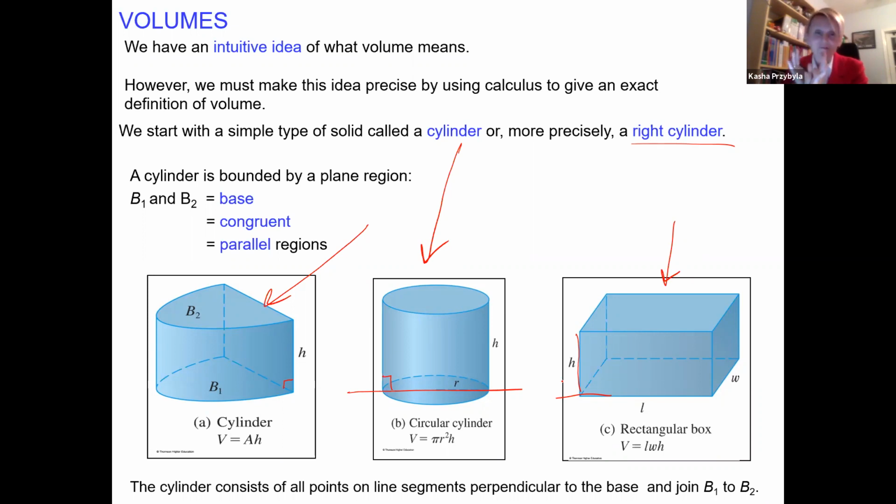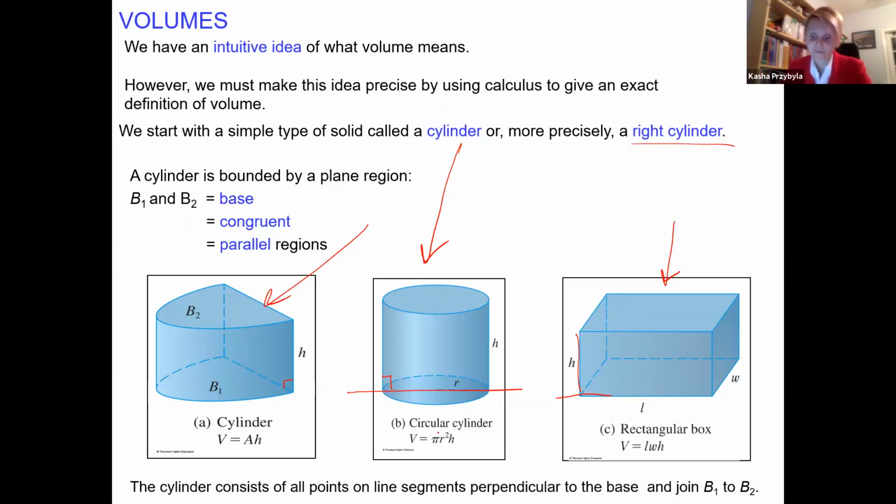Now, having this solid, to find the volume we just compute the area of the base times the height. When you are doing some engineering project and you have to find the volume, and you realize it's a cylinder, then it's just the area of the base times the height.